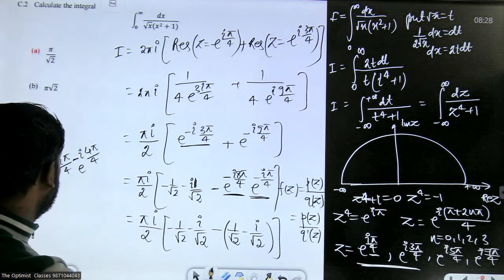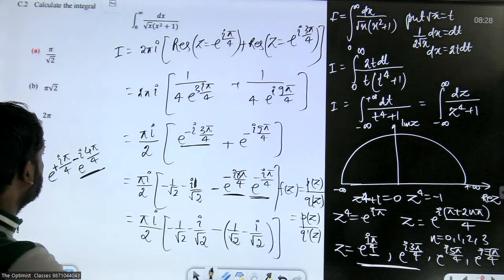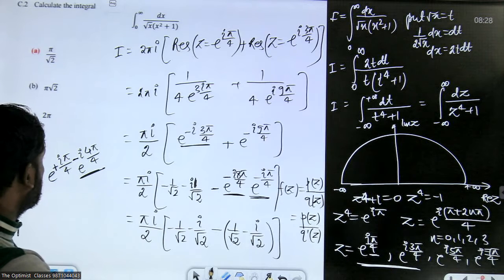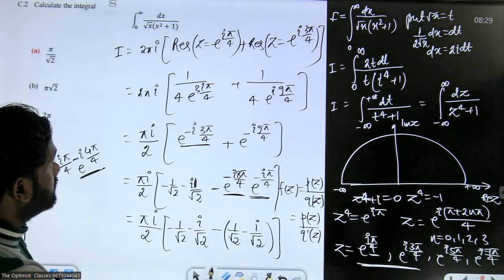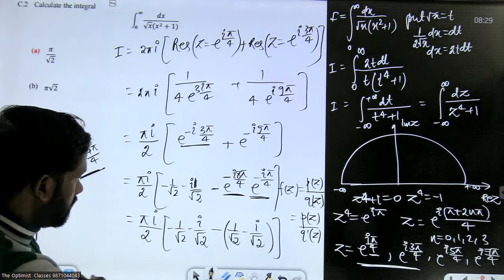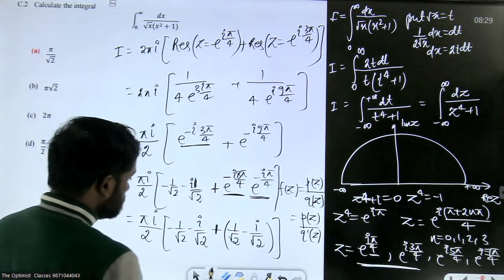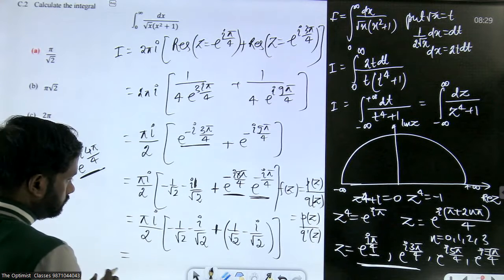We can write it like this. So this becomes minus 1, and this gives us 3. Oh, sorry, here there was no minus, there was a plus sign here. So we get here.